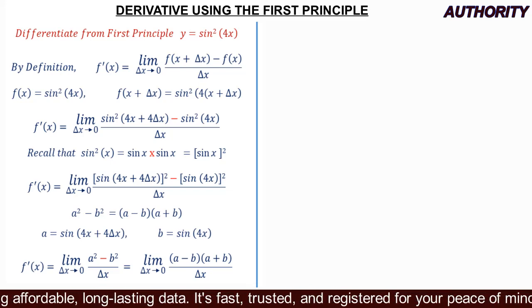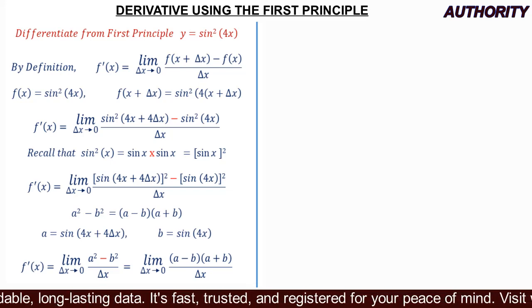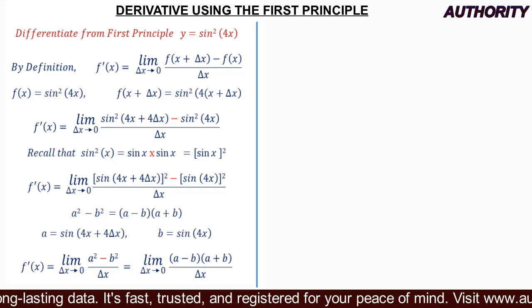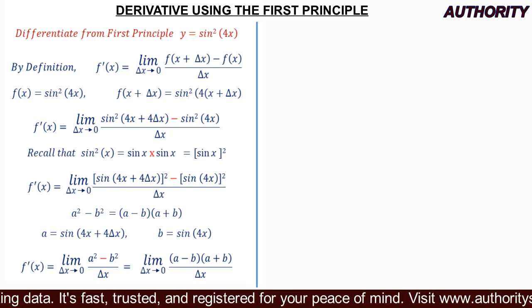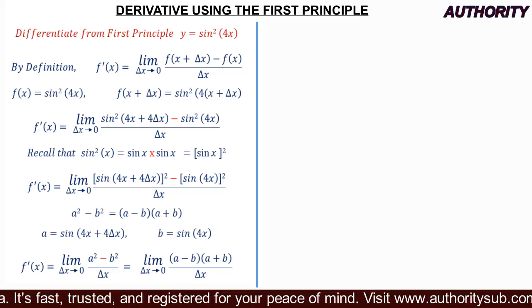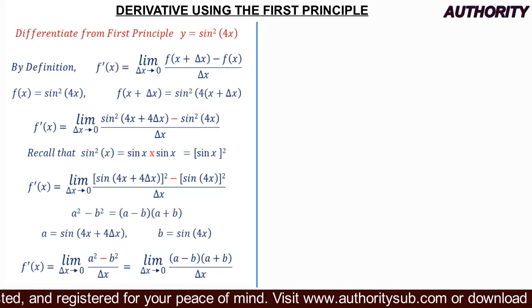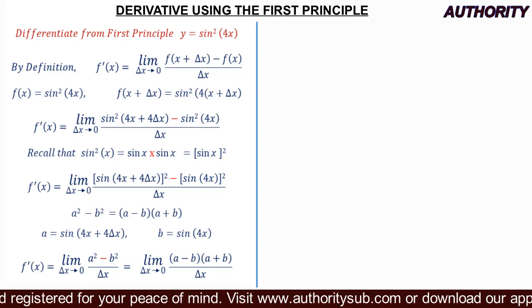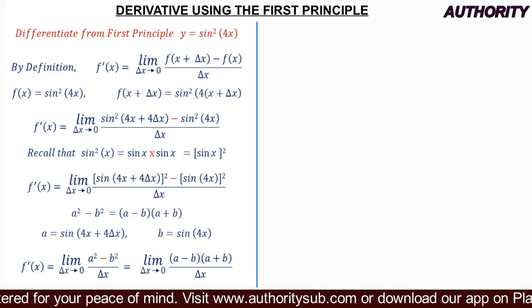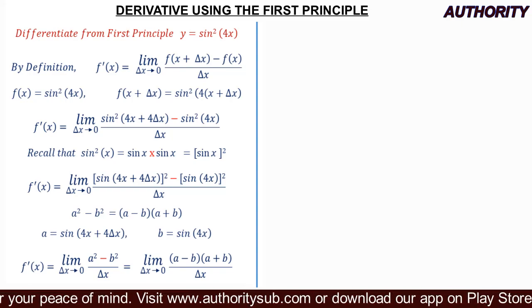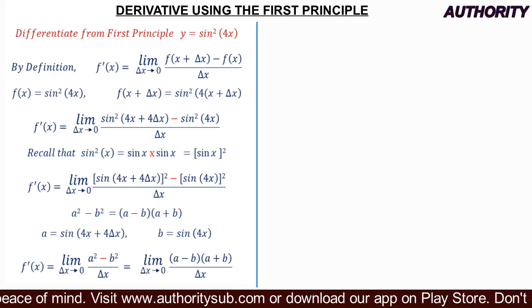Now we have written (a minus b)(a plus b). Remember that we declared a variable: a is equal to sin(4x + 4 change in x), and b is sin 4x. Let's bring the values of a and b back.